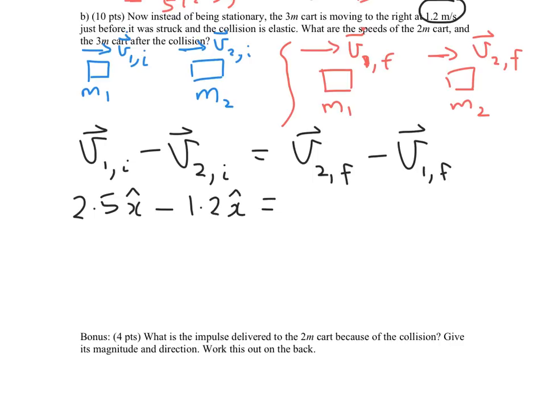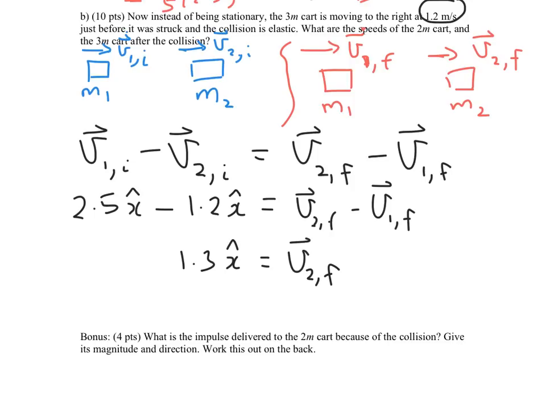So this is equal to v2 final minus v sub 1 final. And 2.5 minus 1.2 is 1.3 x hat, equal to v sub 2 final minus v sub 1 final.